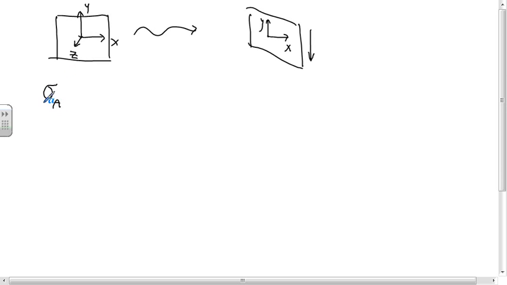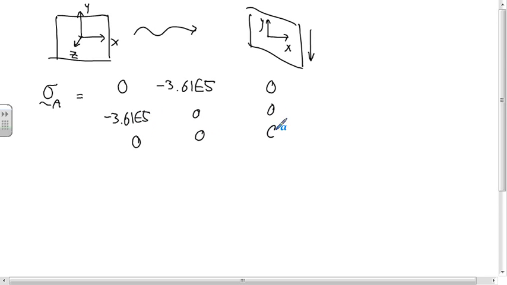So the stress tensor at the point A is going to be 0, negative 3.61 times 10 to the 5th, 0. Then you have the symmetry, so negative 3.61 times 10 to the 5th there, and the rest are zeros. And do we have to rotate this to get it into our desired coordinate system? Nope.